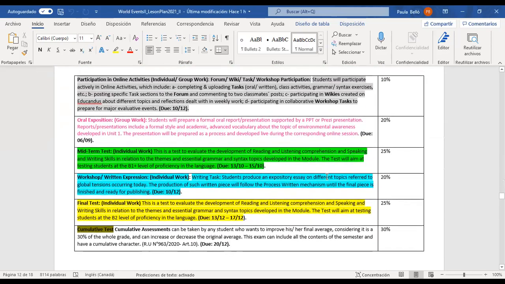In this module, you will participate online, do activities and exercises, and participate in grammar, you will do a lot, but you will not have a portfolio, because the final tasks that you will finish will be a written task, which I have to grade by the end of the semester, and the final test.